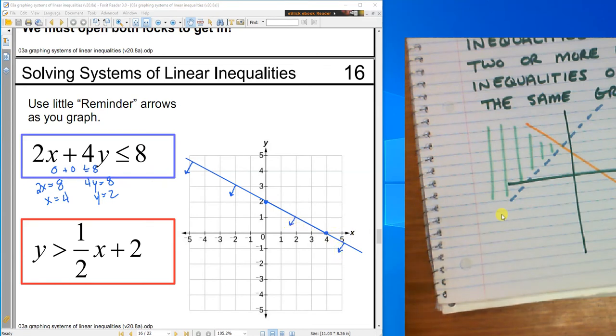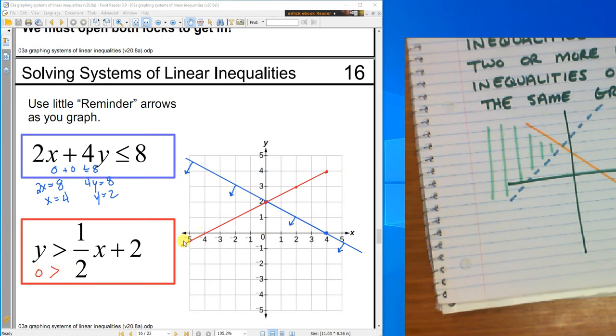Let's go do the red graph now. This is a slope-intercept equation. I'll start at 2. And I'll go up 1 over 2, up 1 over 2, and I'll draw a line. I'll test 0, 0 and see if it's true or false. Ooh, you know what?